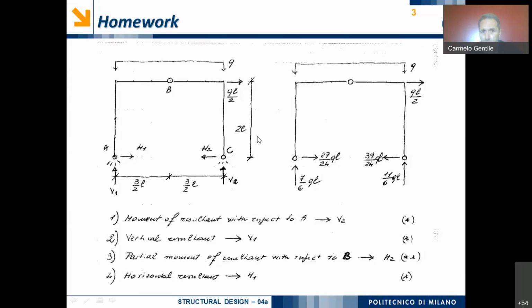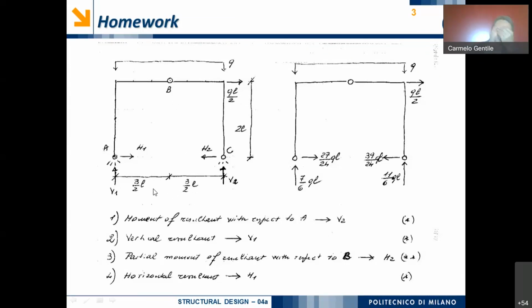I will show the solution for a certain value of alpha, in order that we have that this value of the load is QL over 2, and this value is 1.5 L times 2.